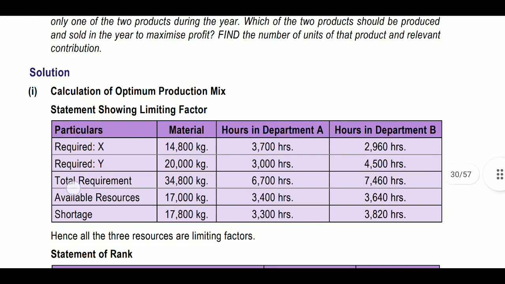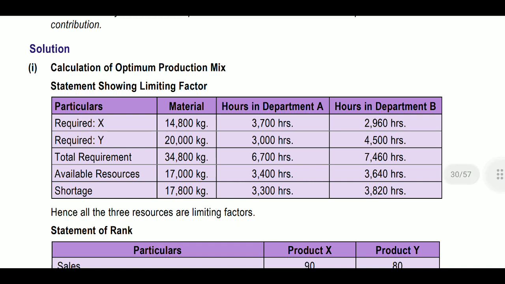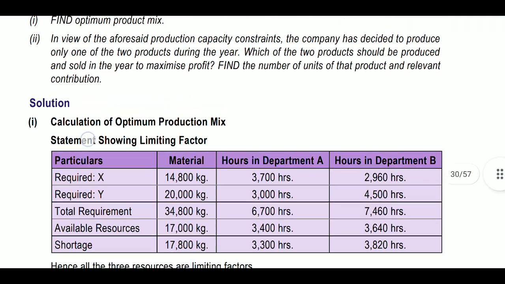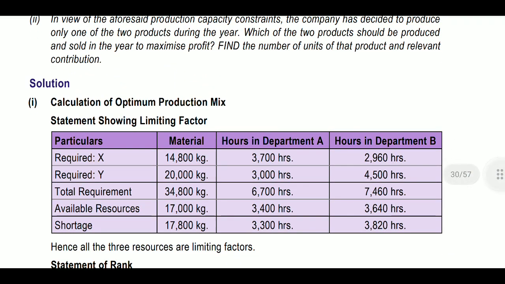Next, the calculation of optimum product mix. Required for X: materials 14,800 kgs, department A 3,700 hours, department B 2,960 hours.